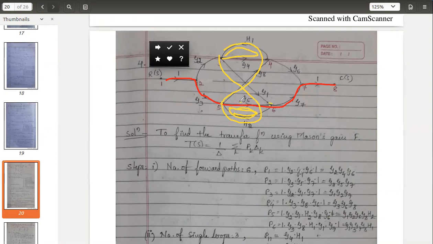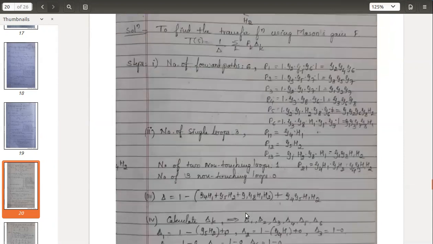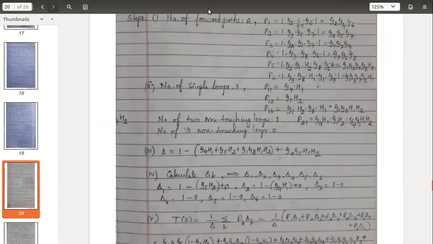You cannot consider these 2, but this one is not touching. So the gain value to consider is H1 into G4. For delta 2, H1 into G4, and 2 non-touching loops, again 0.